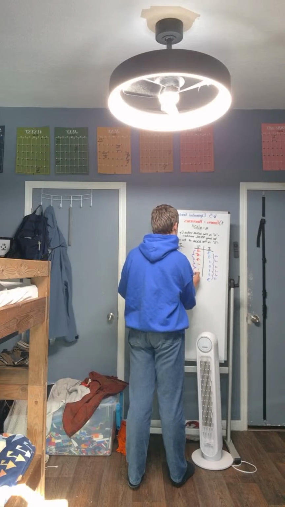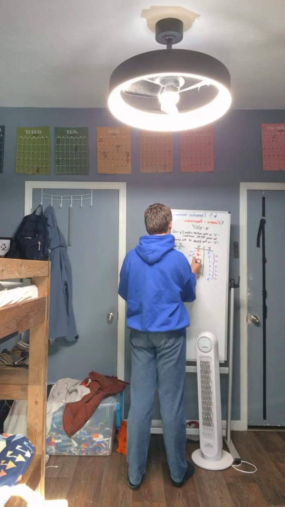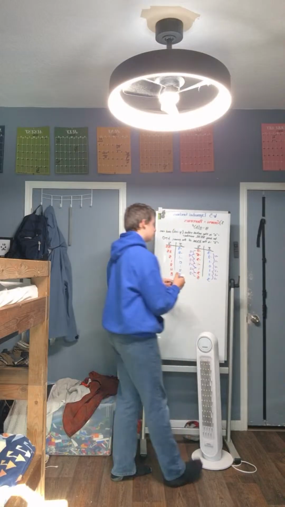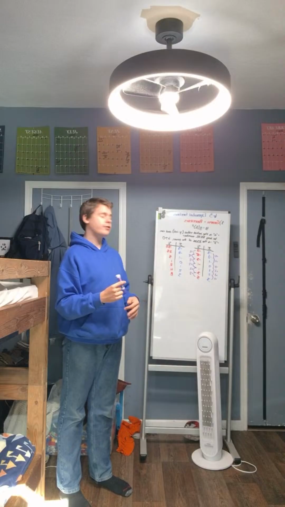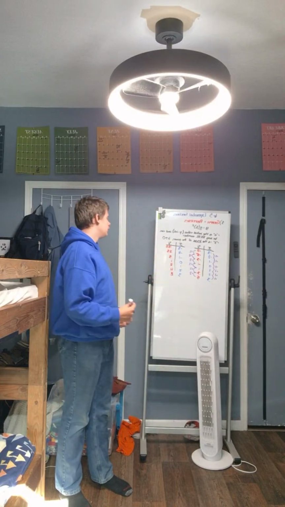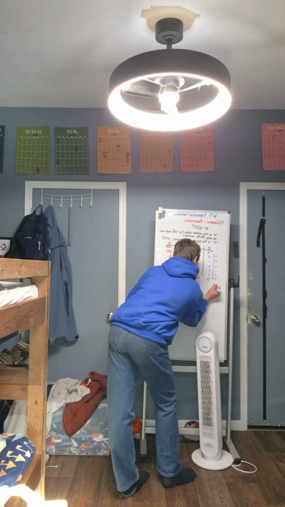Add 2, add 2, add 2, add 2. So this will be plus 2, plus 2, plus 2, plus 2, plus 2, plus 2. And then we would have more. Okay, so this will be a linear function.